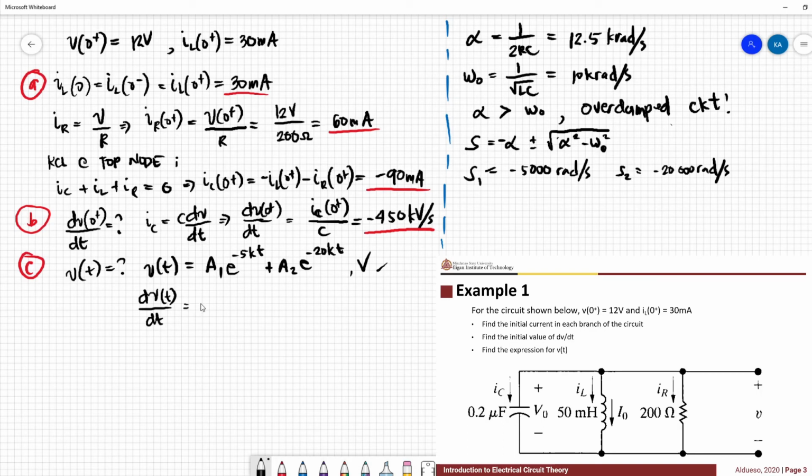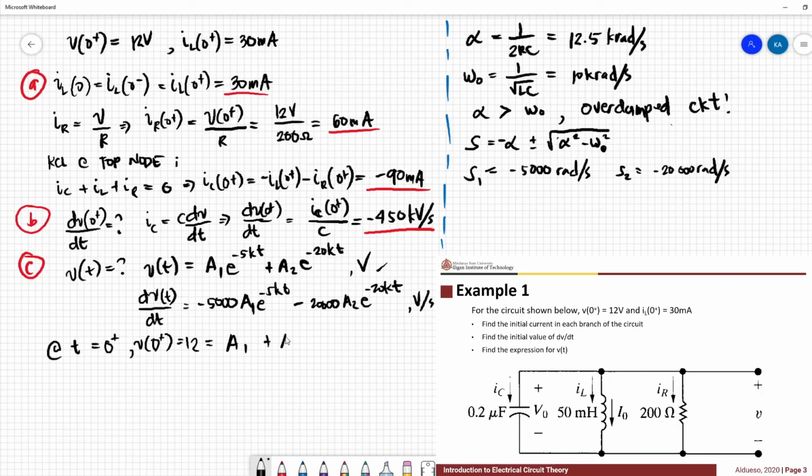We have negative 5,000 A1 e to the negative 5k t minus 20,000 A2 e to the negative 20k t. At t equals 0+, V of 0+ is equal to 12 volts, equal to A1 plus A2.